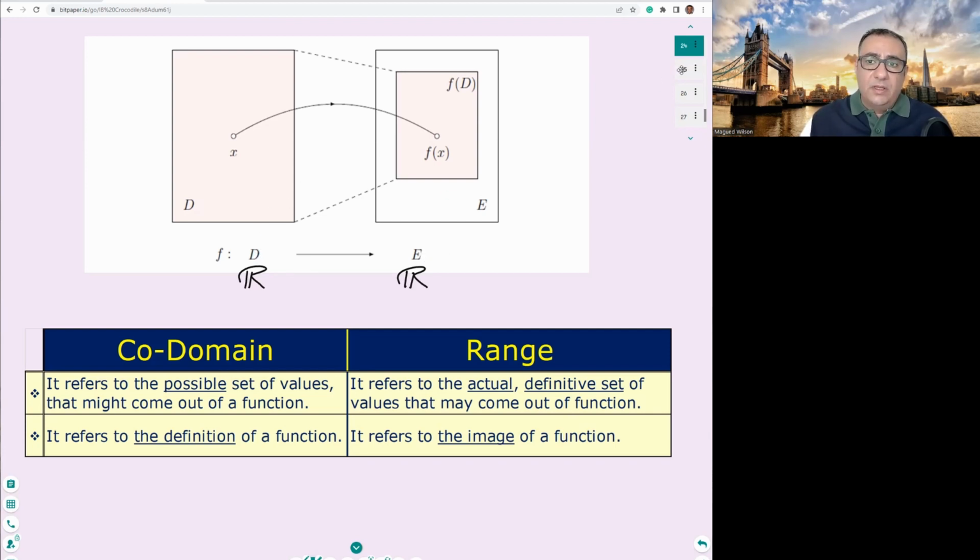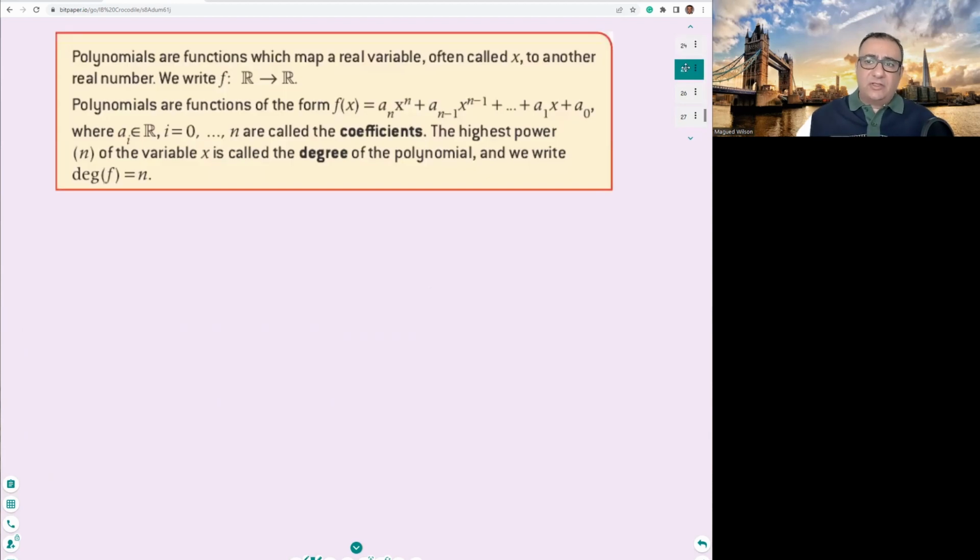Okay. Now let's have some examples, and let's talk more specifically today about polynomial functions. You see, this is actually extracted from the Oxford textbook, one of the textbooks used in the IB program. So see f, colon, R arrow R. What does it mean?